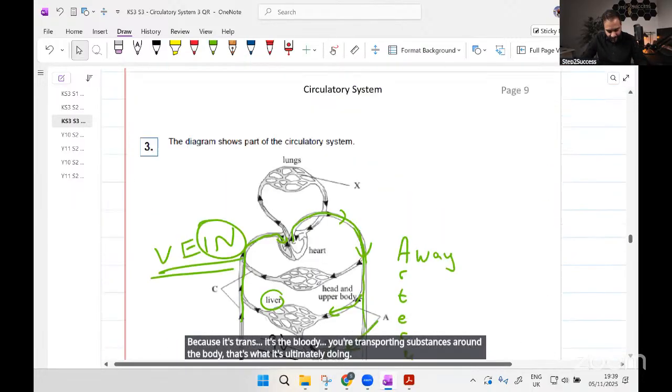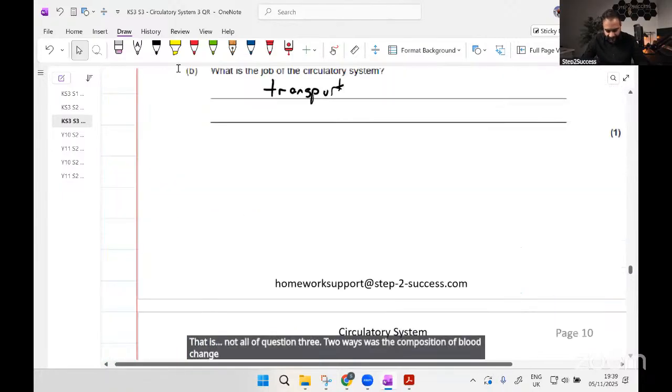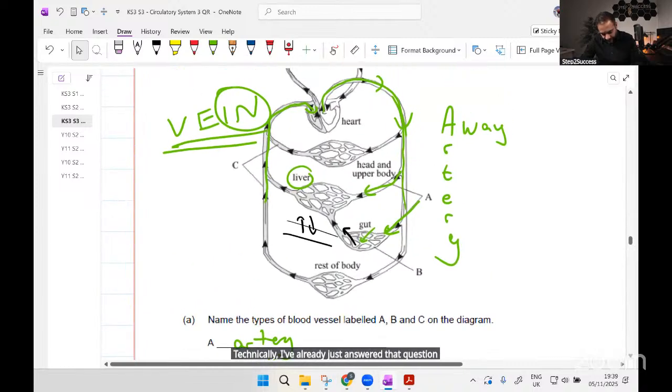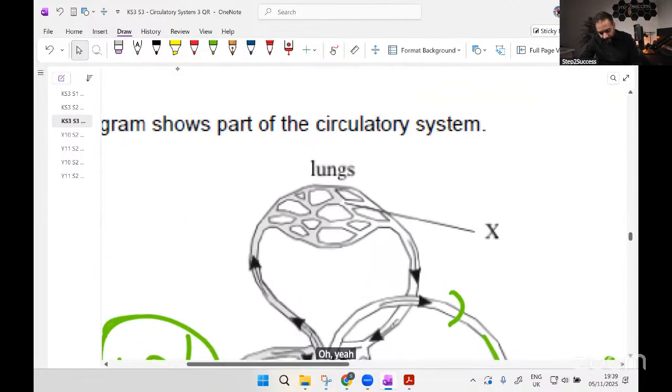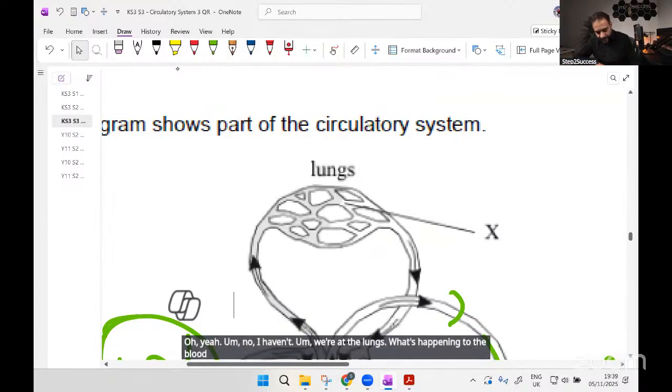That is not all of question 3. Two ways in which the composition of blood changes as it flows through the vessels labeled X on the diagram. Technically, I've already answered that question, because as it goes through, where's the X? Oh, there. No, I haven't. We're at the lungs. What's happening to the blood as it goes through the lungs? What changes about the composition of the blood?